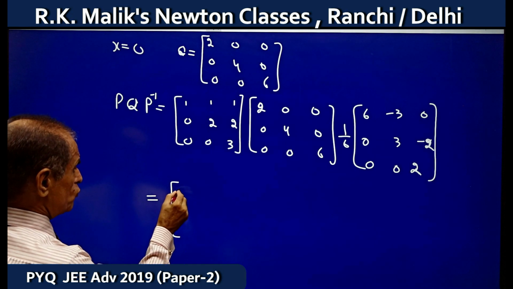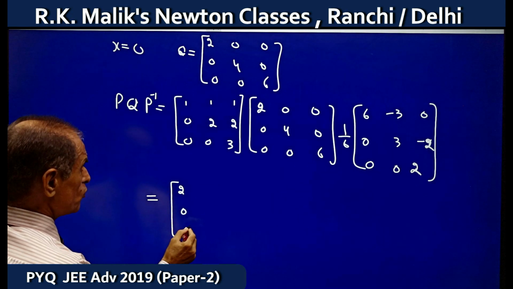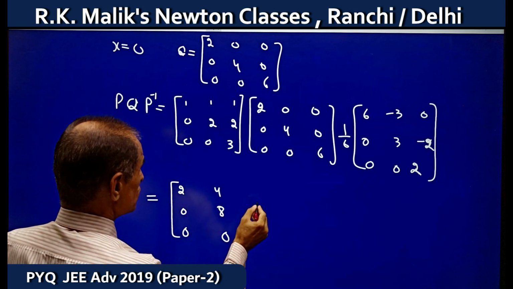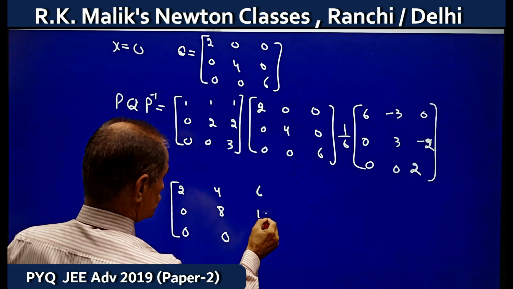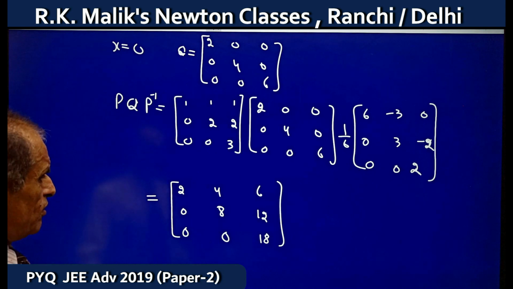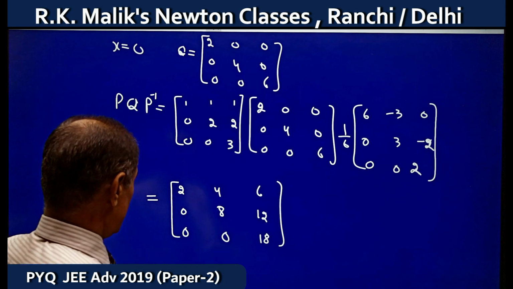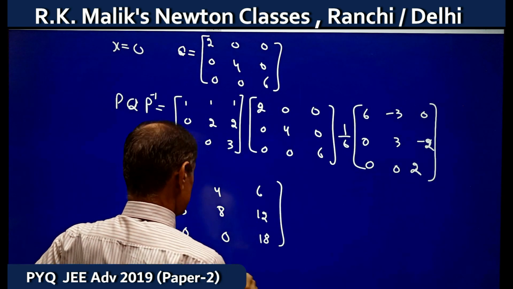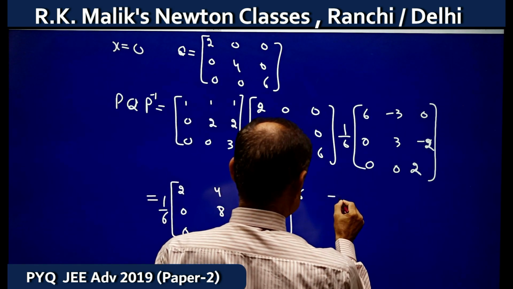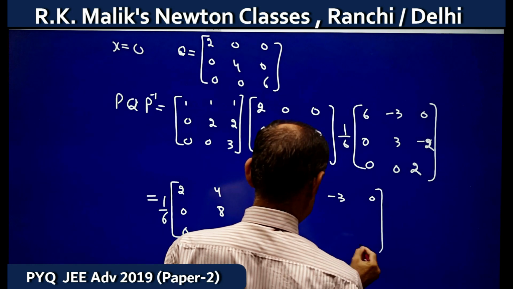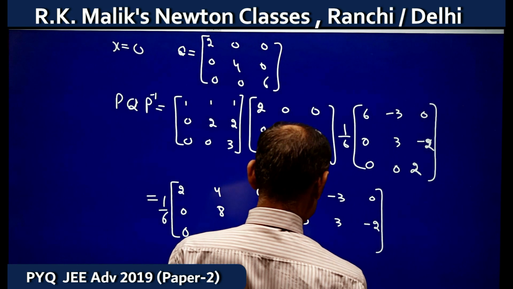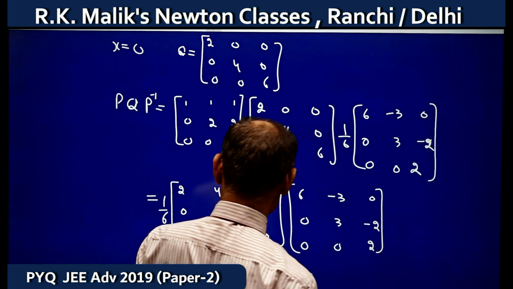Here you will be getting 2, 0, 0; 4, 8, 0; 6, 12 and 18. And 1 by 6 outside, 6 minus 3, 0; 0, 3 minus 2, 0; 0, 0 and 2.